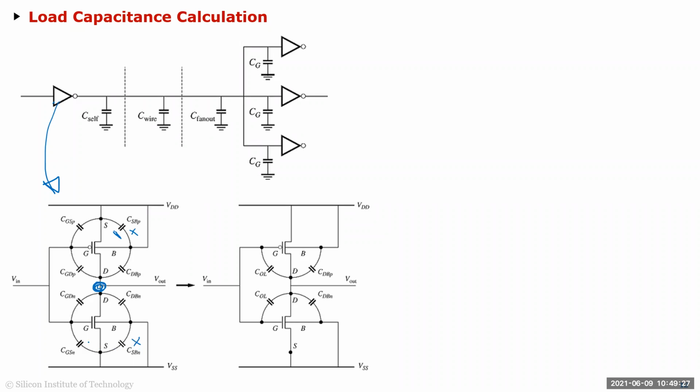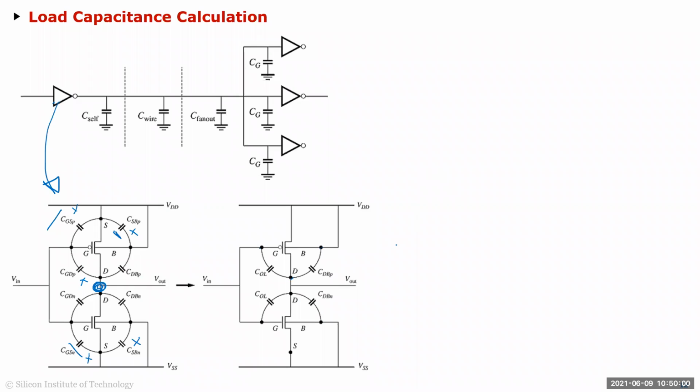This is also not in the picture, and the gate to source cap here, they're actually at the input, so that's not in the picture as well. So these two are gone as well. So all you have is the overlap cap, the drain to bulk cap from here to VDD, and then the overlap cap from here to the input, and same thing for the Nmos, right?